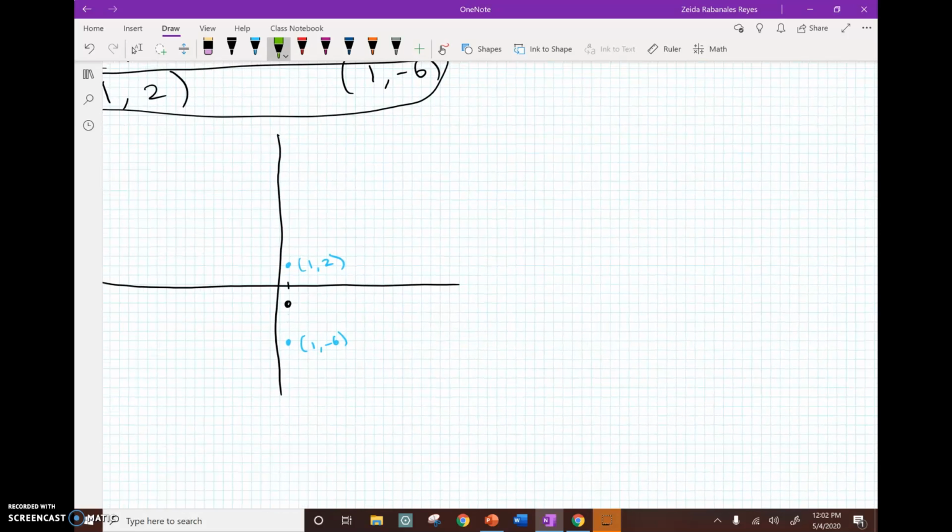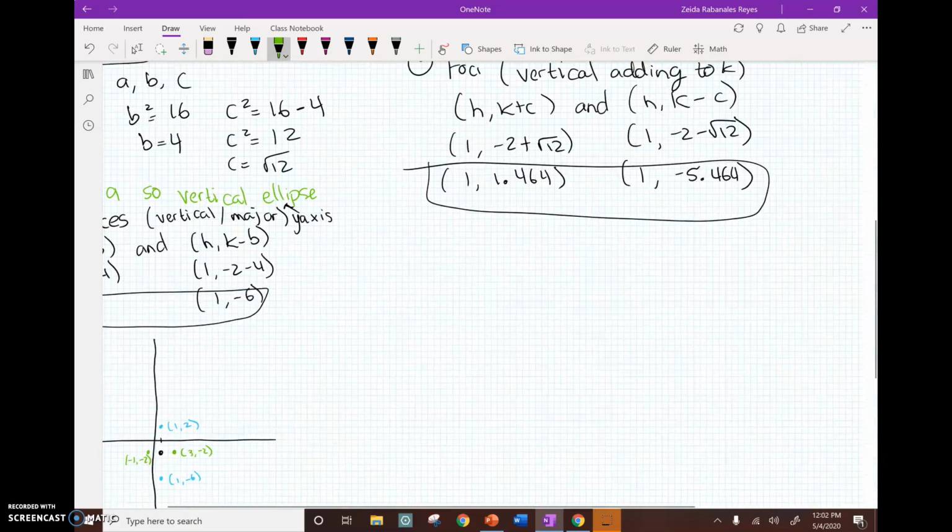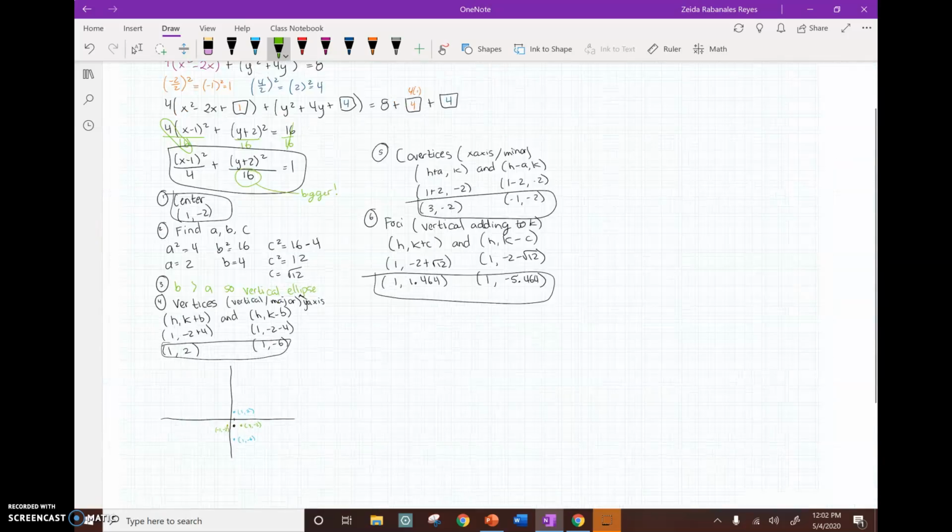I know that those go left and right. So that's the smaller axis. My A is 2. So I go 1, 2. And then 1, 2. This point is at 3 comma negative 2. Negative 1 comma negative 2. And then I have to see if it matches with the co-vertices we got.